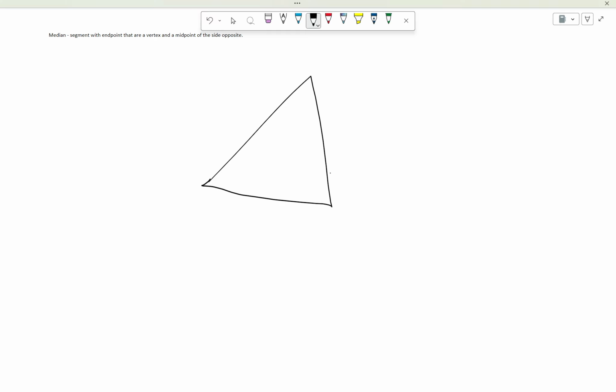So I have ABC, and we have the side BC opposite vertex A. And with that, we have a midpoint of BC, which is M, and then A is my vertex, and it's going to connect between these two. Oh, that's kind of a not very straight line. It's kind of swervy each time. I'll get it. Here we go.